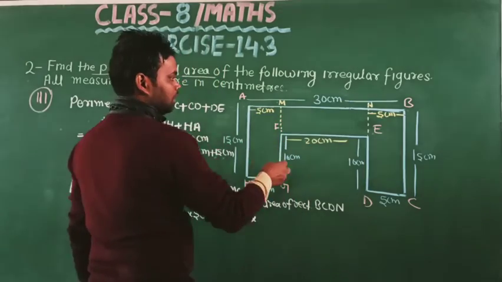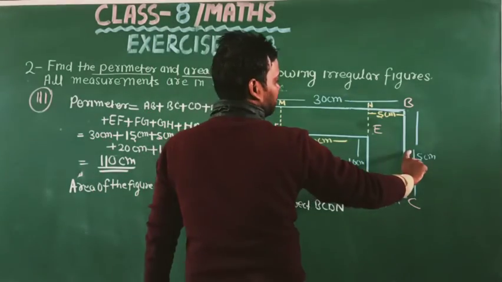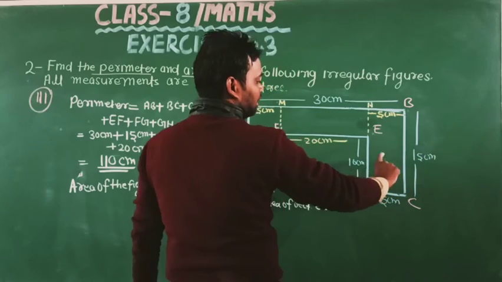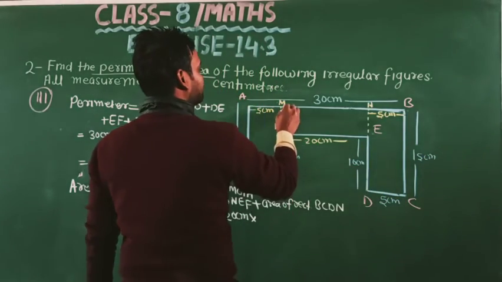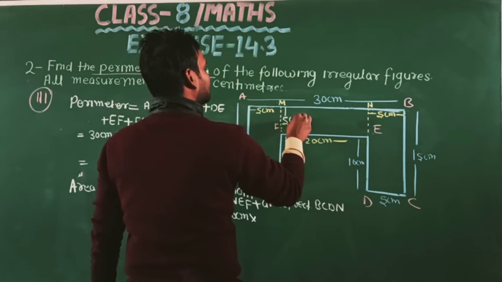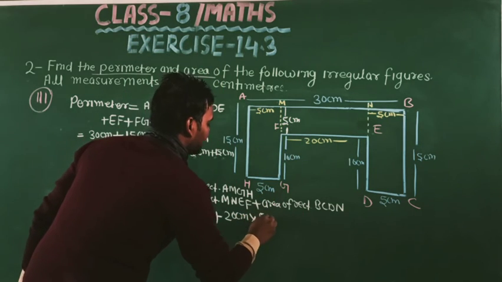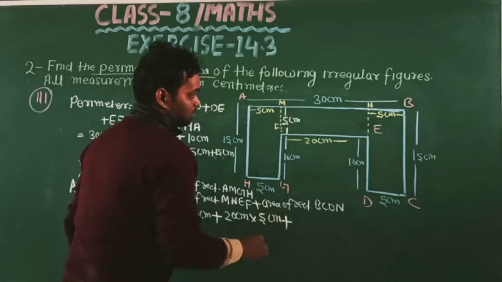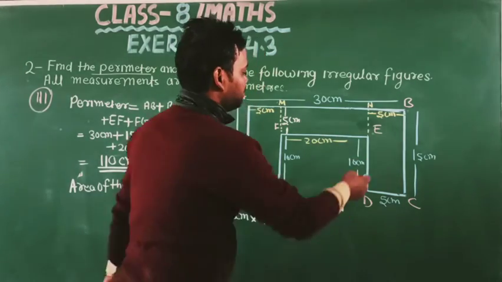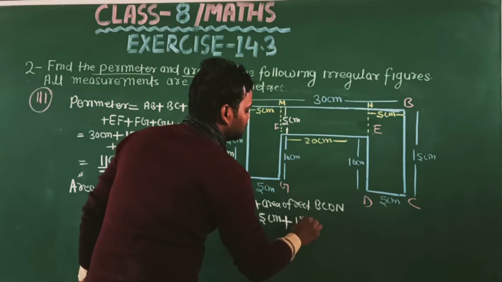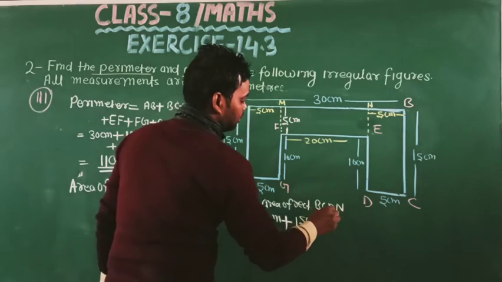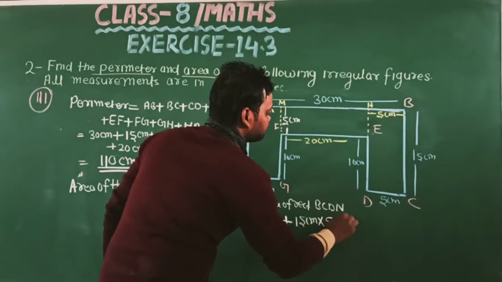So this total is 15 centimeter and this is 10 centimeter. 15 minus 10 is 5. So this is 5 centimeter. Okay, 5 centimeter plus the same area of this rectangle, 15 centimeter into 5 centimeter.